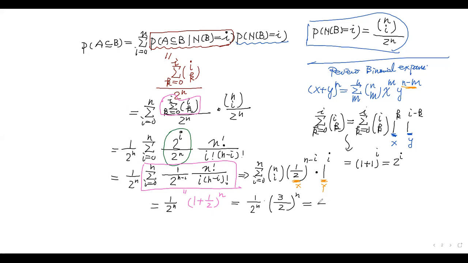I can just say this is 1/2 to the nth power times 3/2 to the nth power, because by the exponents product rule, you can take the exponents out and do the multiplication inside. So this is 3/4 to the n. Very, very beautiful proof, right? And the result is also very beautiful here.